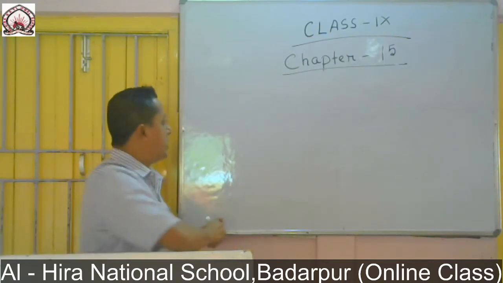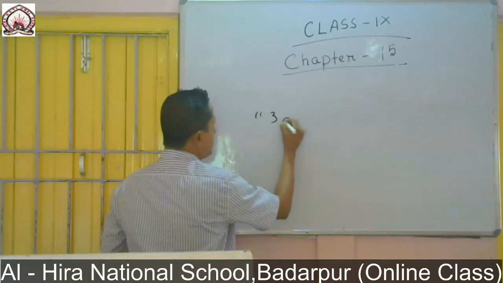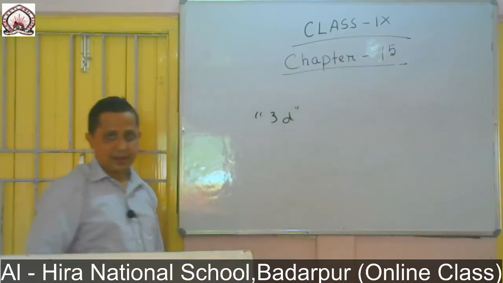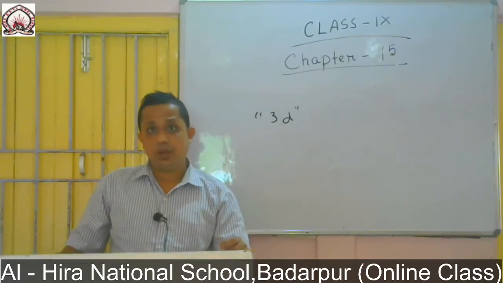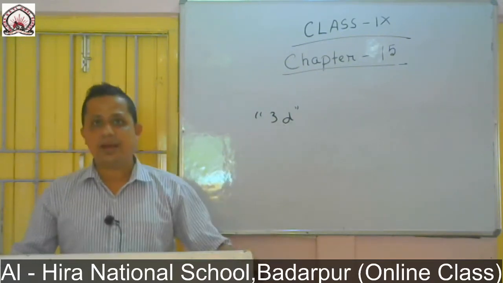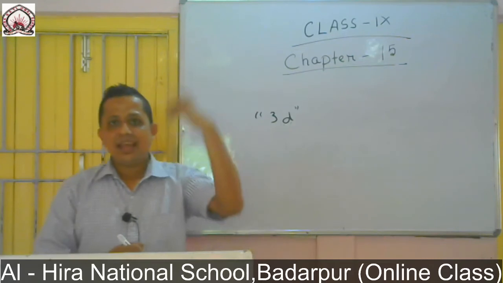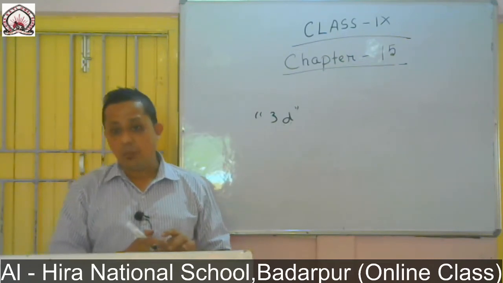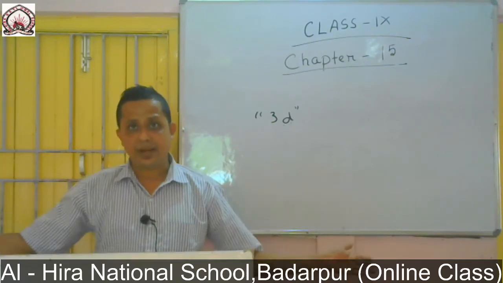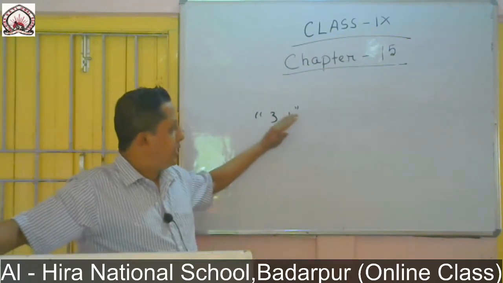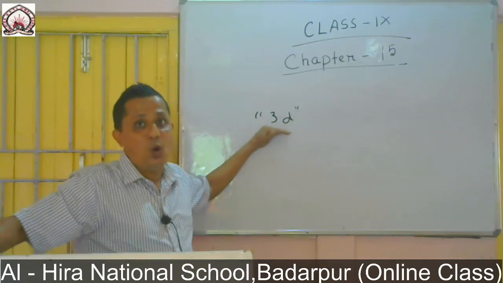So it is given 3d. D means integer. 3d means the total will be a 3-digit number. Now, for example, my value of num1 is 7653. So it is a 4-digit number. What will it do?